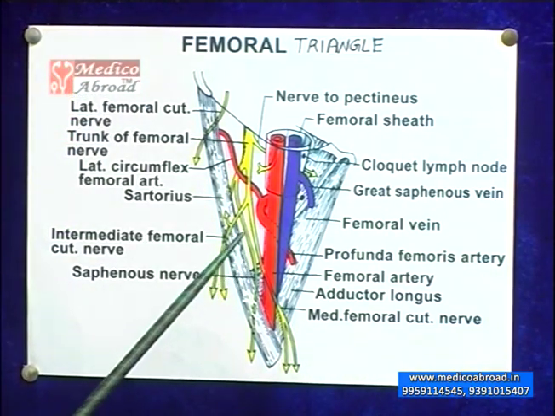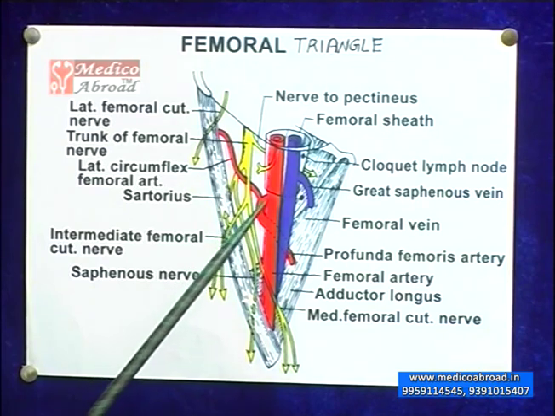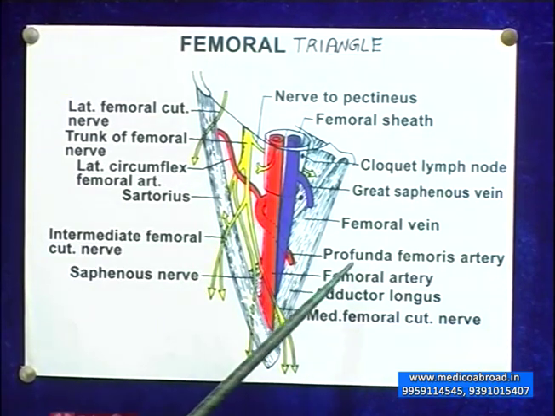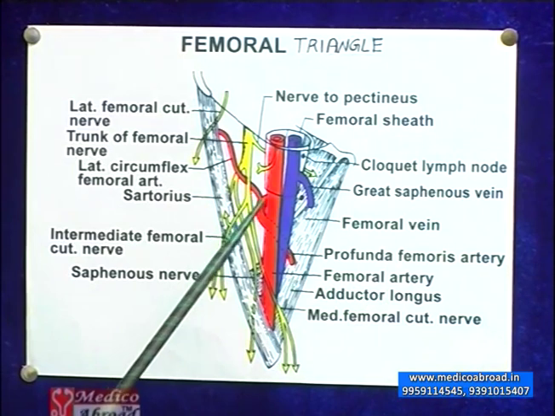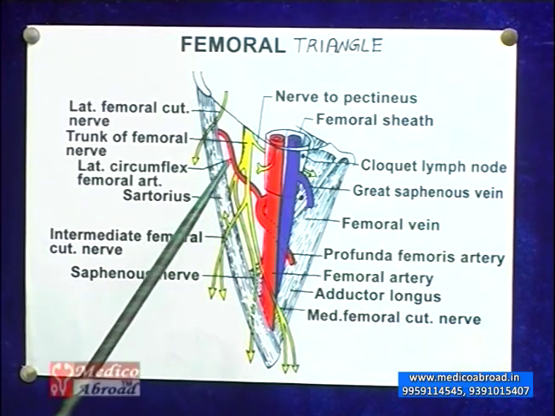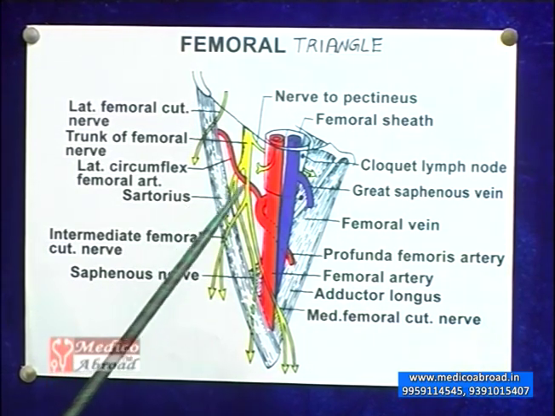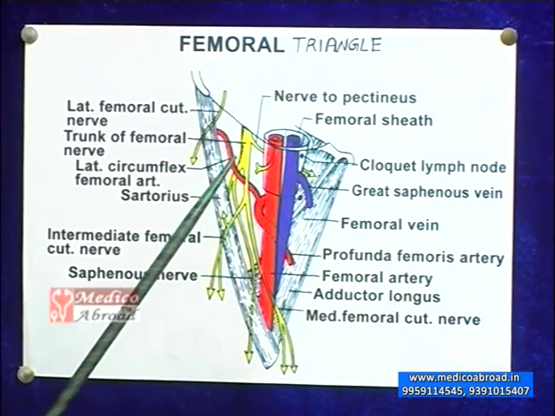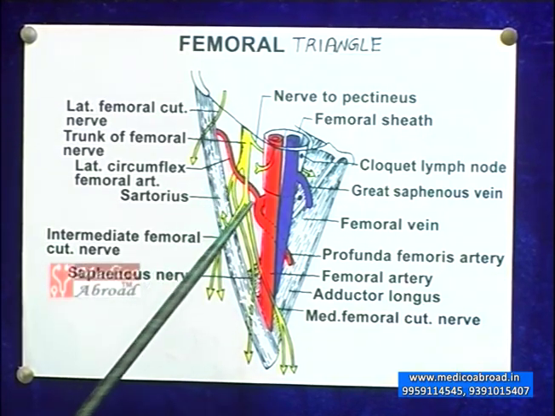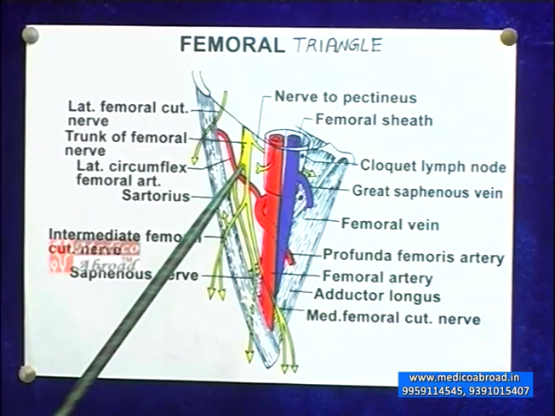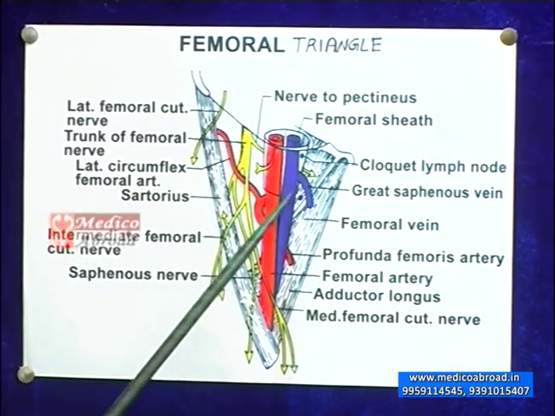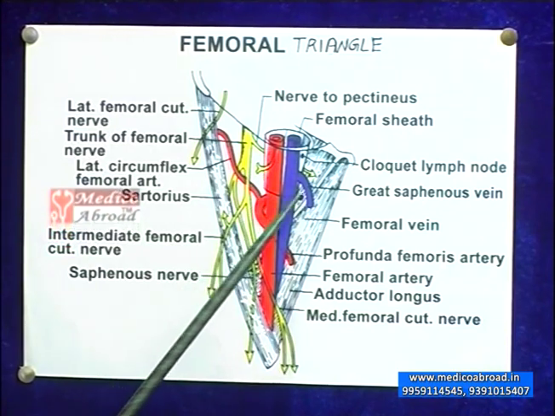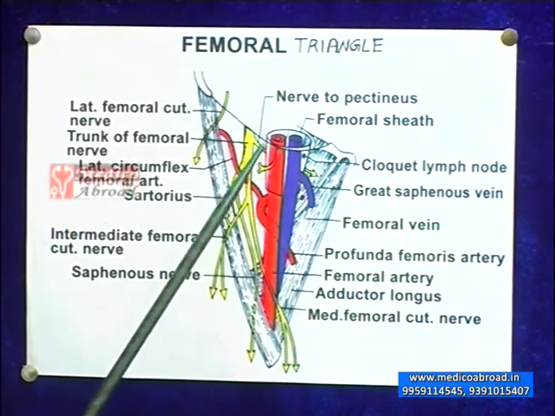Now the femoral artery also gives off its main branches, the profunda femoris artery and the lateral circumflex femoral artery. The lateral circumflex femoral artery passes between the two terminal divisions of the femoral nerve. The femoral vein and the femoral artery are the contents of the femoral sheath.